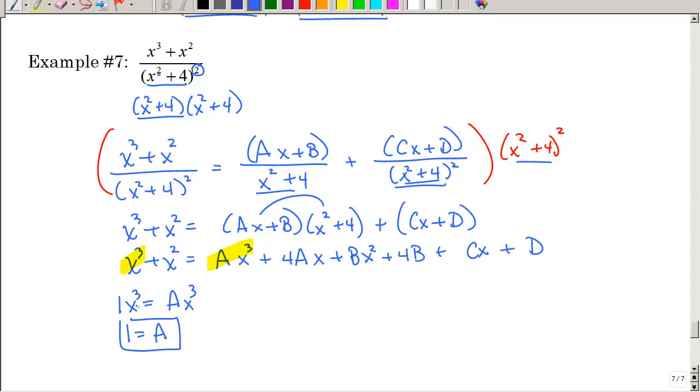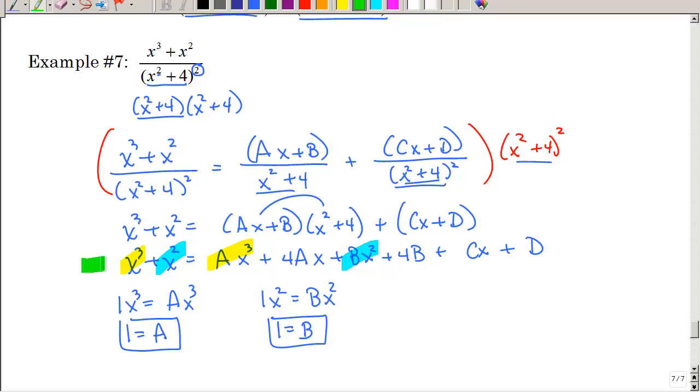All right, what do we want to do next? What about our x squares? We have x squared here, here, and that's it. Wow, that's nice. So I have 1x squared equals bx squared. So 1 is equal to b. Too easy, too easy. Well, now let's look at the x's.